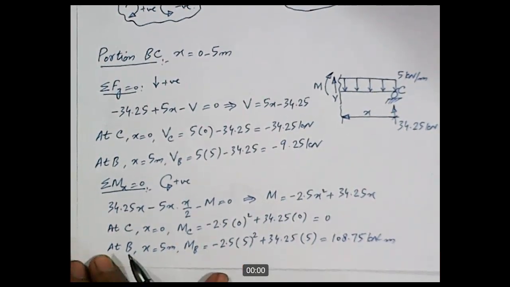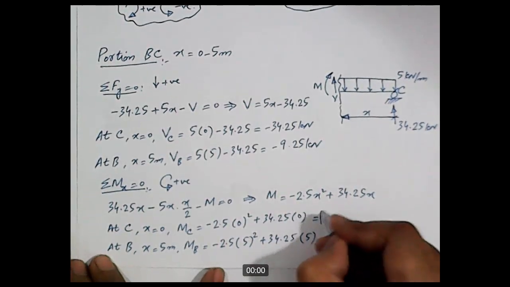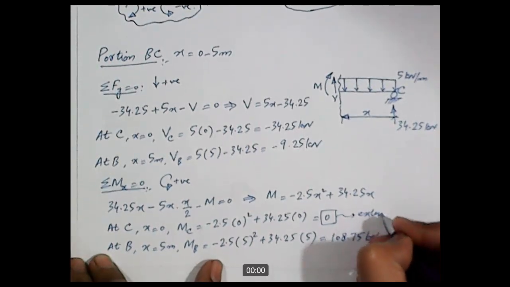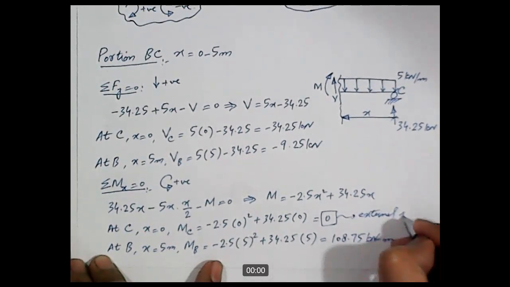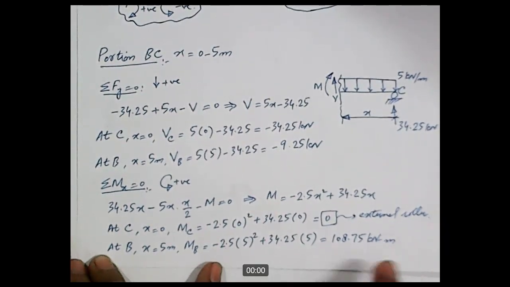So the value of bending moment at support C, which is an external roller support and not subjected to any externally applied moment, comes out to be 0. So this is totally fine. This is an external roller support, and the value of bending moment at this location is equal to 0. So this completes our calculations for portion BC.